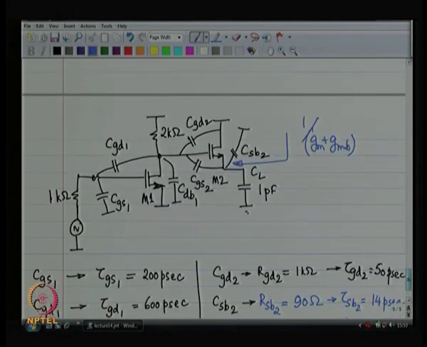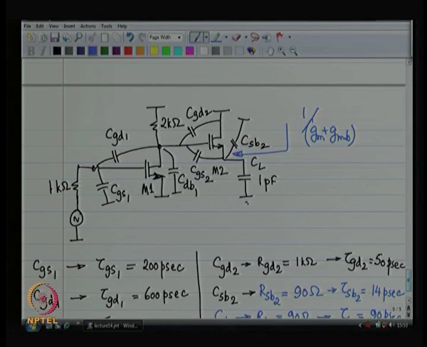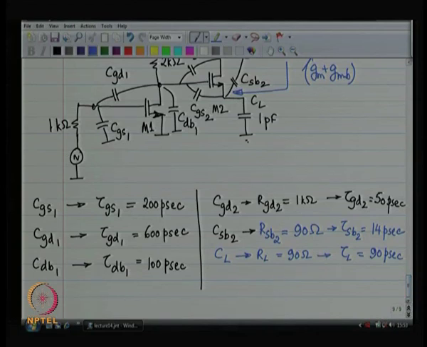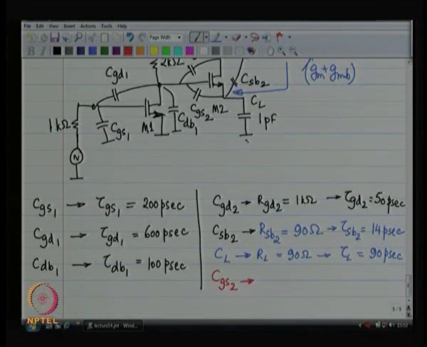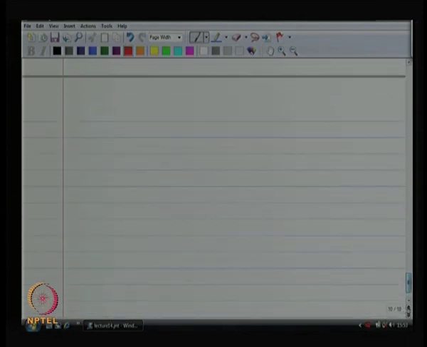What else am I missing over here? CGS 2. All right. Now, this is going to be difficult because it is no longer referenced to a ground potential. So, let us do this separately.